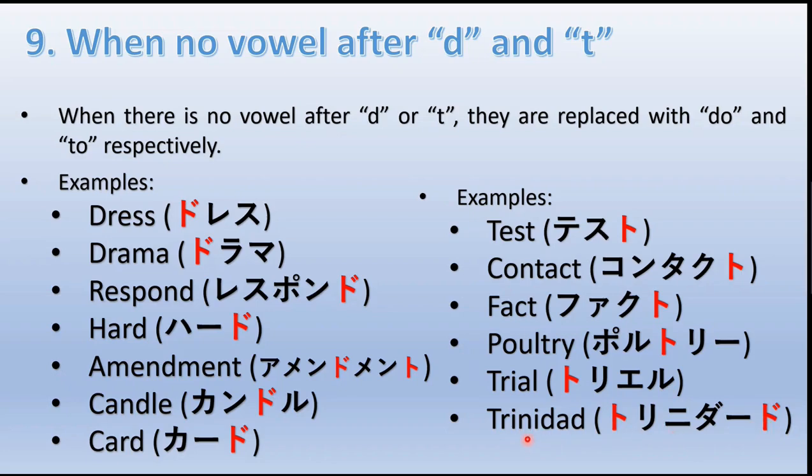This is a very good example where we have both T and D not followed by any vowels. Here T is not followed by a vowel and the last D is not followed by a vowel. So Trinidad will be Torinidado. So this was rule number 9 and this was equally important.